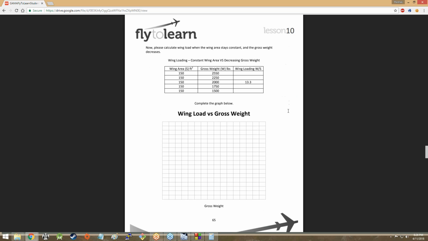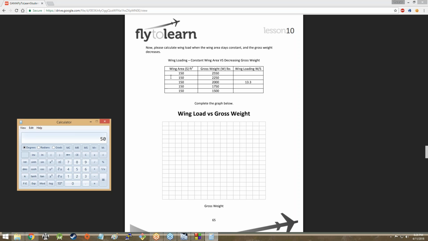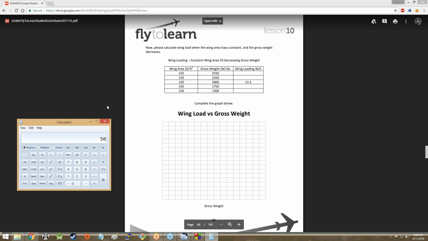Now, please calculate the wing load when the wing area stays constant and the gross weight decreases. So now we've got a wing area of 150 feet and a gross weight of 2,550. So all we do is 2,550 divided by 150 square feet, which gives us 17. And then we've got 2,250 divided by 150, which gives us 15.